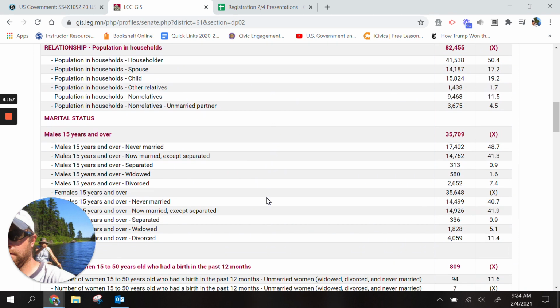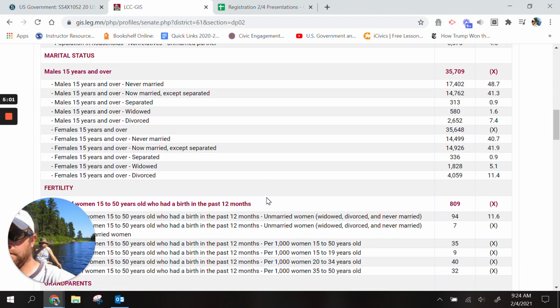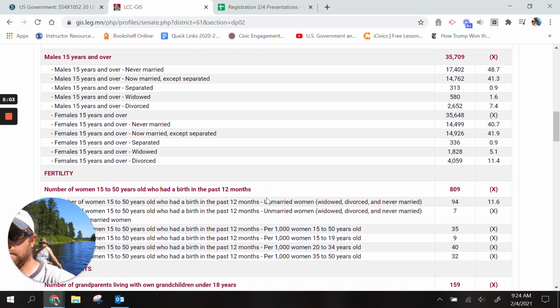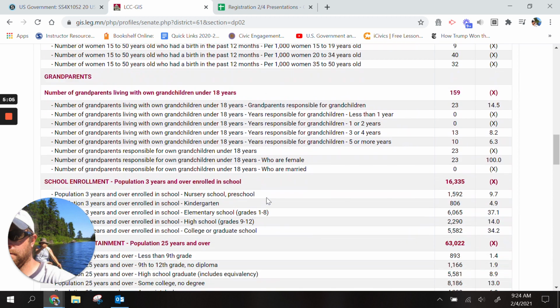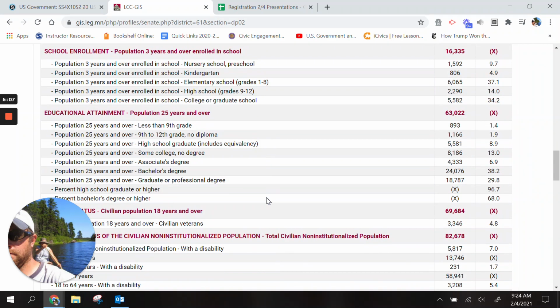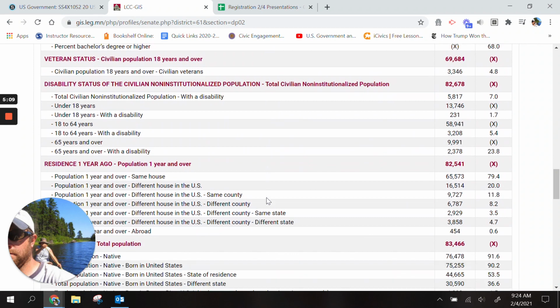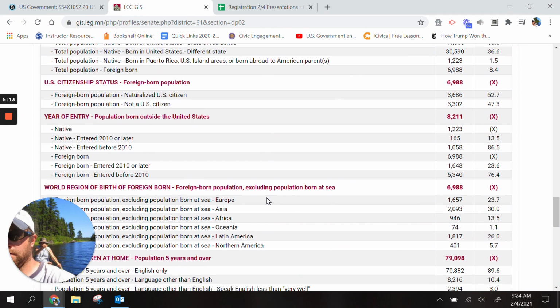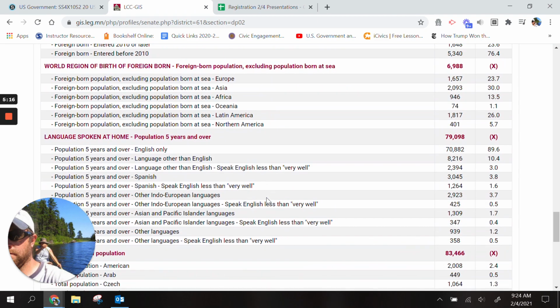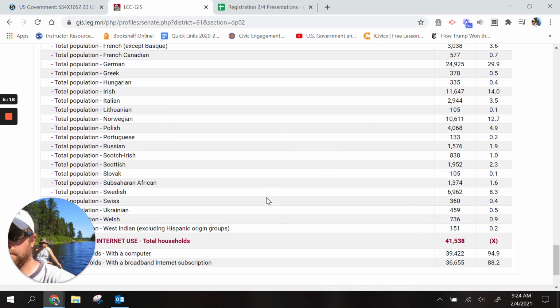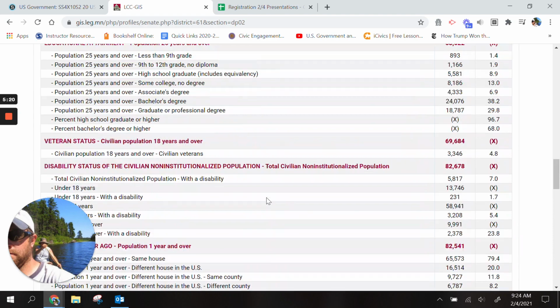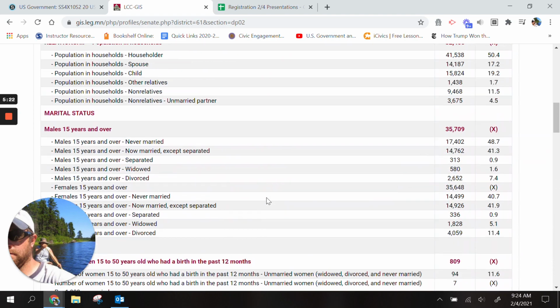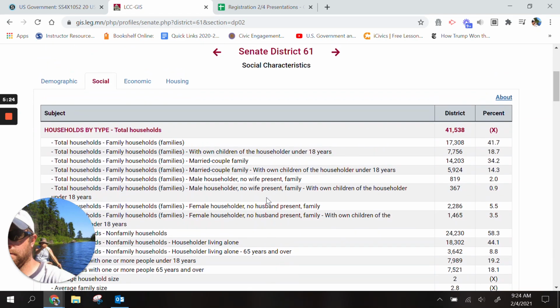There's also population in households, the number of people and who lives in the household, males, marital status, fertility, grandparents, school enrollment, educational attainment, okay, residence 1 year ago, place of birth, U.S. citizenship, all sorts of information about this particular district if I'm interested.